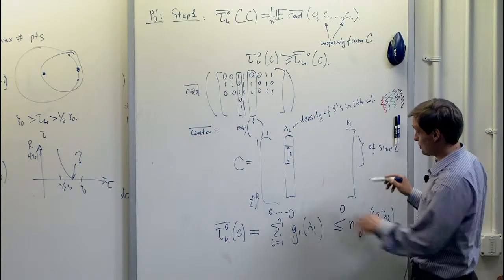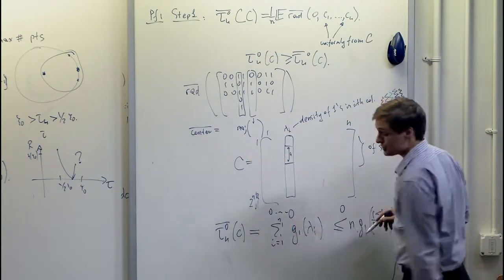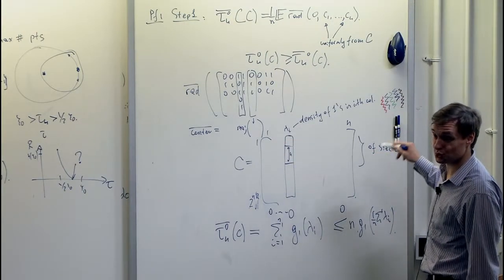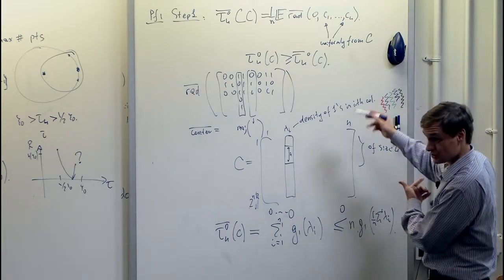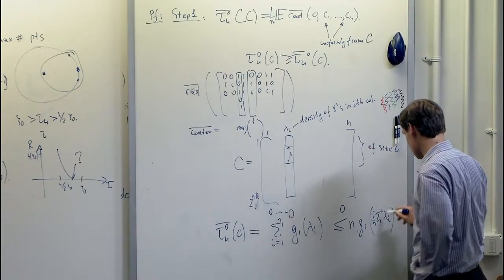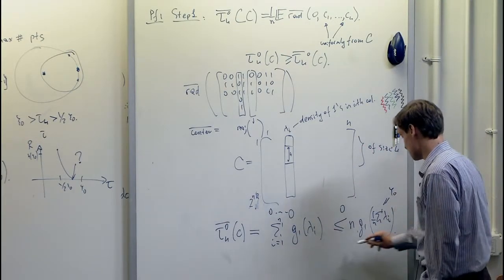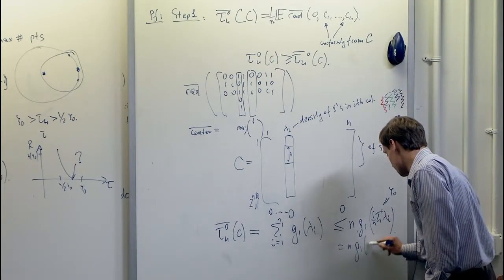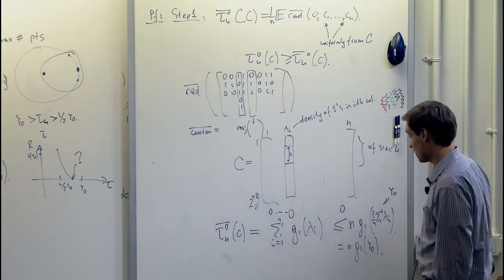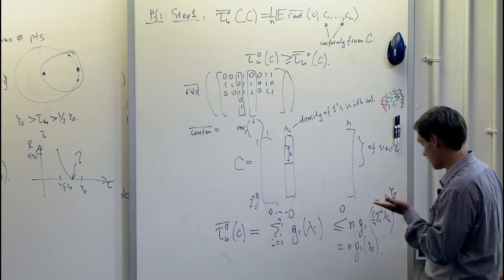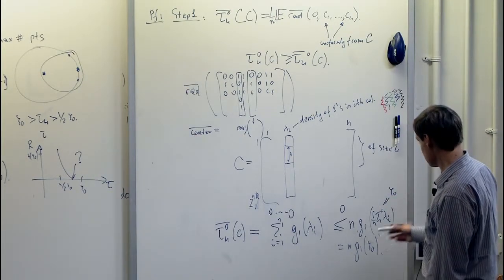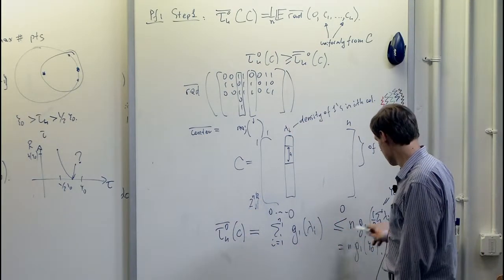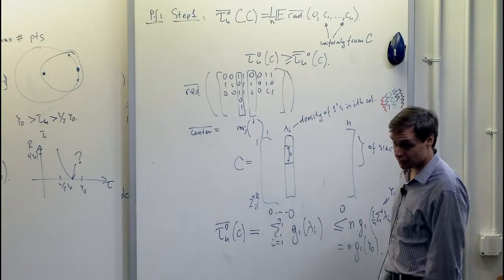Since every row of the code C contains exactly psi 0 times n ones, which is just averaging in two different ways, this is exactly psi 0. So you can see that the average radius of an arbitrary code is always upper bounded by what I claimed here.